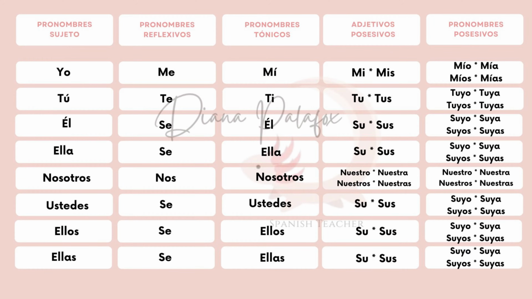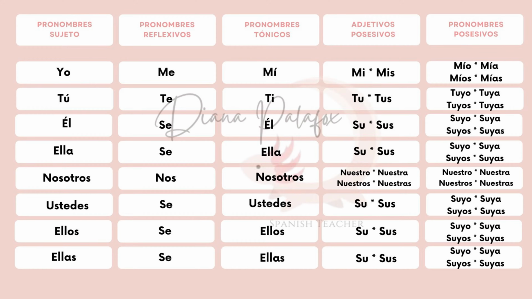Next one, reflexive pronoun. Next pronoun is something that in Spanish we call pronombre tónico. It's really important that you don't forget the accent. Okay? Possessive adjectives.